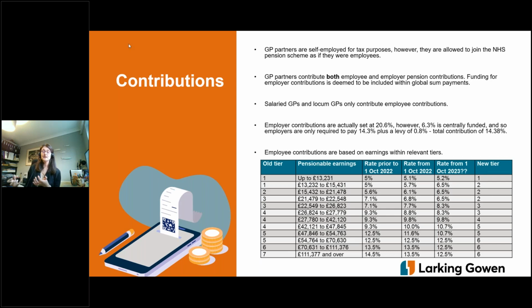But as a consequence, you pay both the employee and employer contributions because you have no employer to pay that part. But the funding that you receive on your GMS or your PMS contract is all uplifted to effectively include a contribution towards your employer costs.